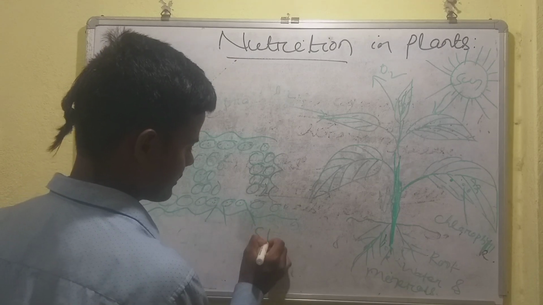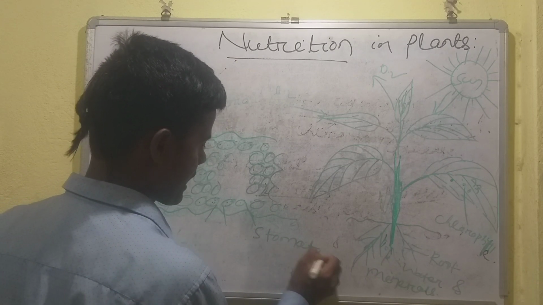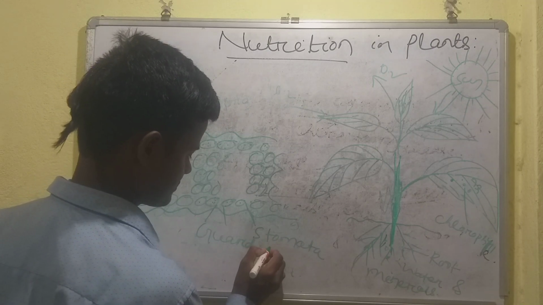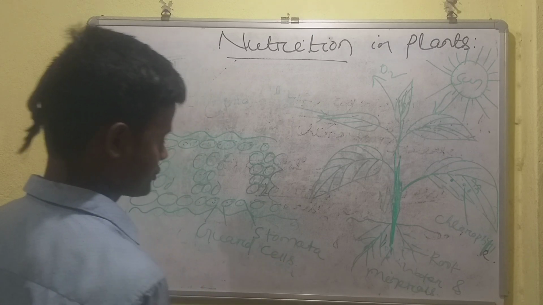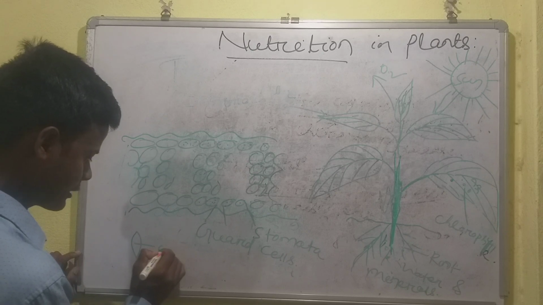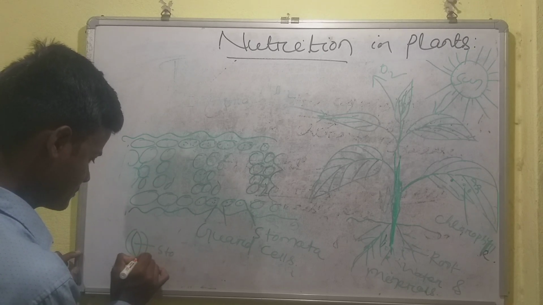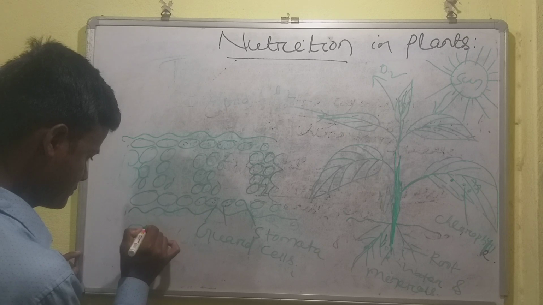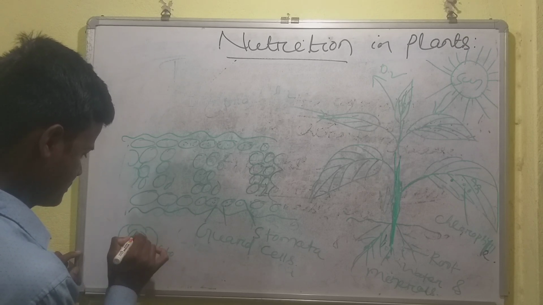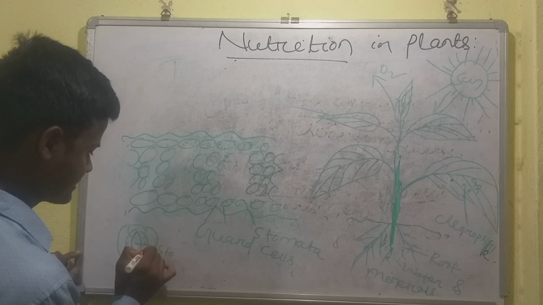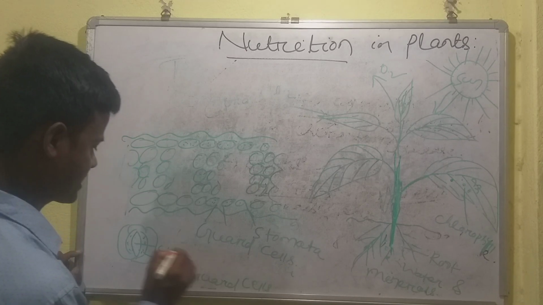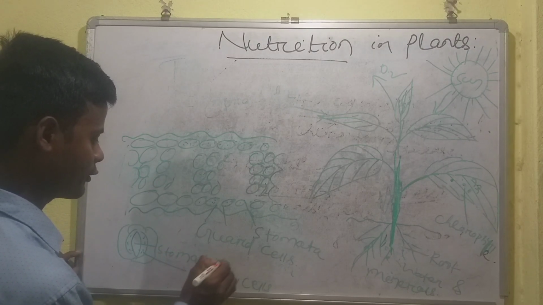Here is the stomata, and the stomata is surrounded by guard cells. I will draw the magnified image of the stomata. It is the stomatal opening. These are guard cells, and this is the stomatal opening.